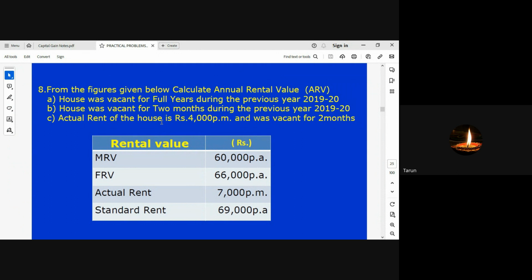Second, the house was vacant for 2 months during the previous year. Third, the actual rent of the house is 4,000 per month and it was vacant for 2 months. In case A, there are no calculations to be done as the house is vacant for the full year.